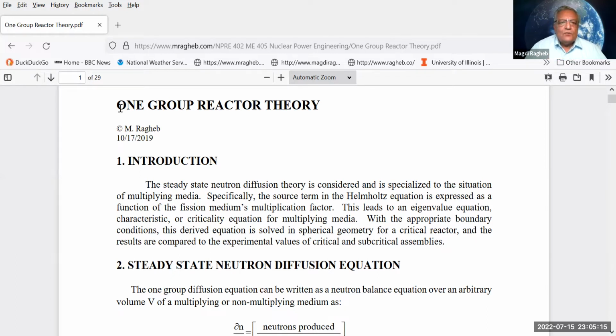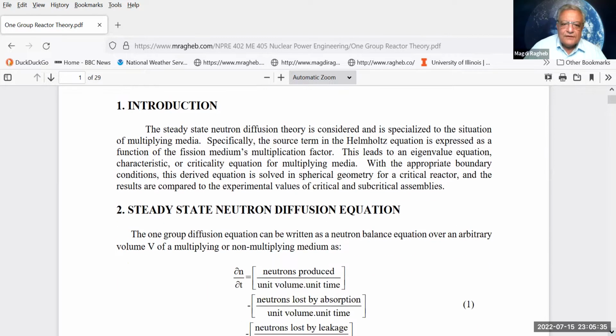One group means that they have one energy group, that all the neutrons have the same energy. Later on, we can generalize it to multi-groups, where you consider some neutrons that are fast, some that are intermediate in energy, and some that are thermal in energy.